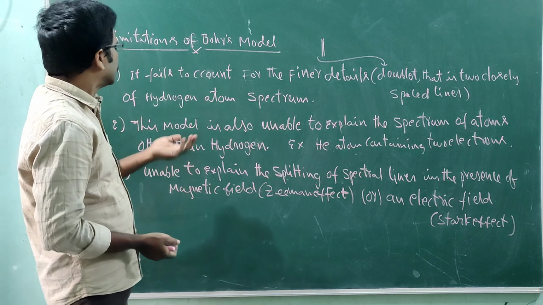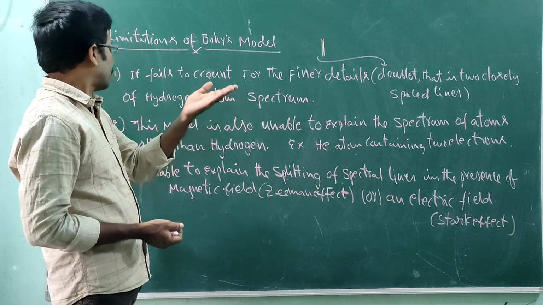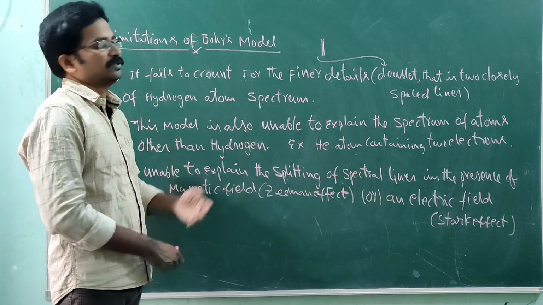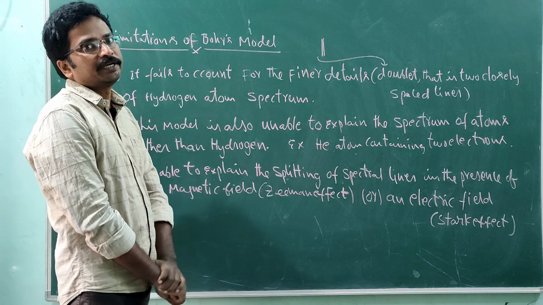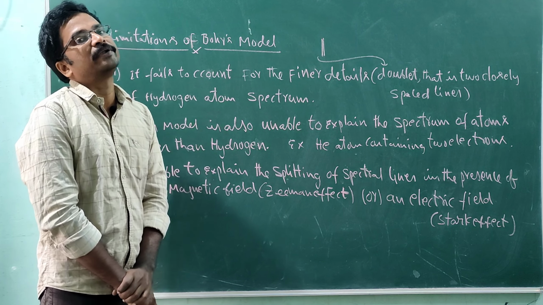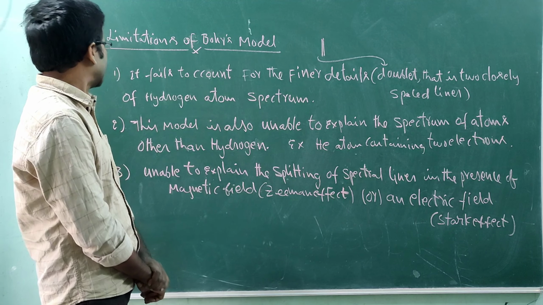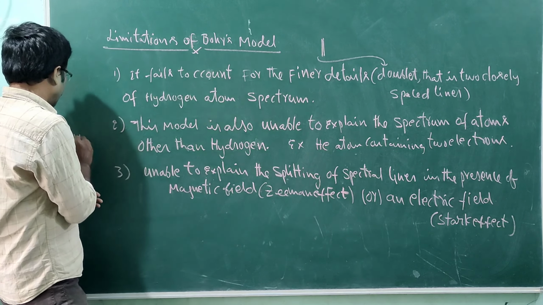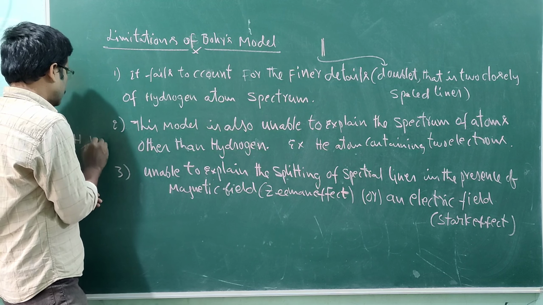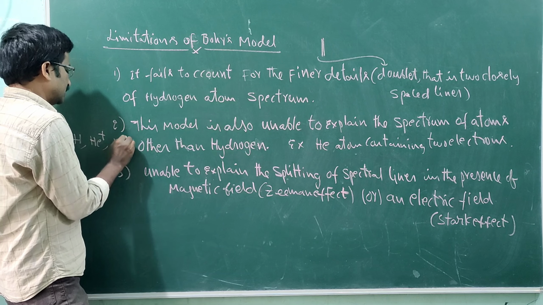Next point. This model is also unable to explain the spectrum of atoms other than the hydrogen atom. It can explain only the spectrum of hydrogen and hydrogen-like species, like the spectrum of He plus and Li 2 plus.